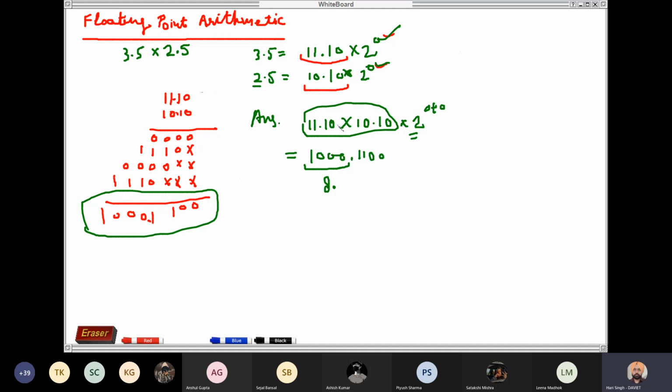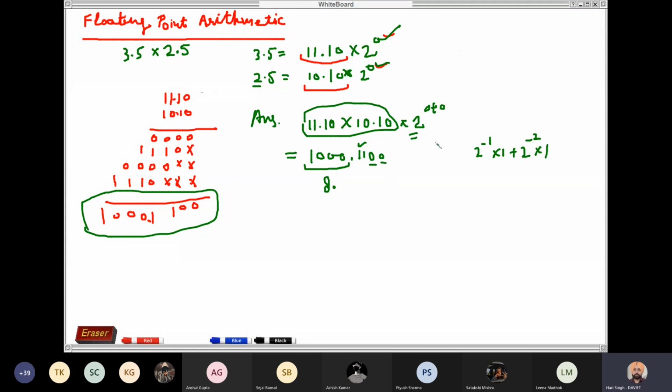0.11. So this 1 represents 2 power minus 1 into 1, plus the next one represents 2 power minus 2 into 1, and the rest of the bits will be 0.